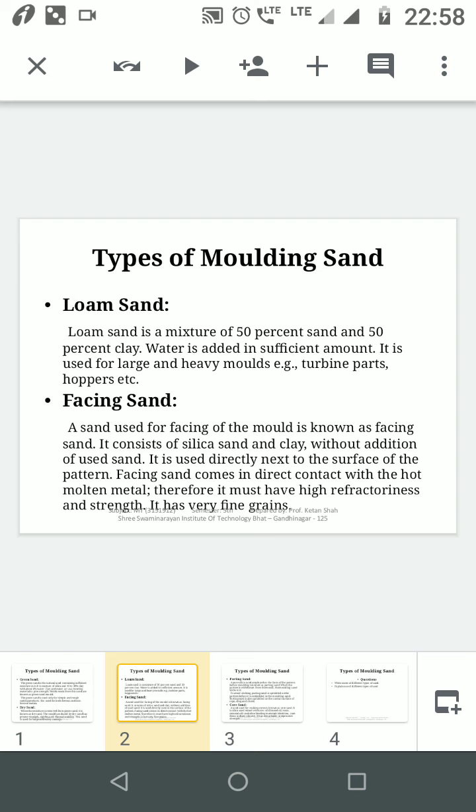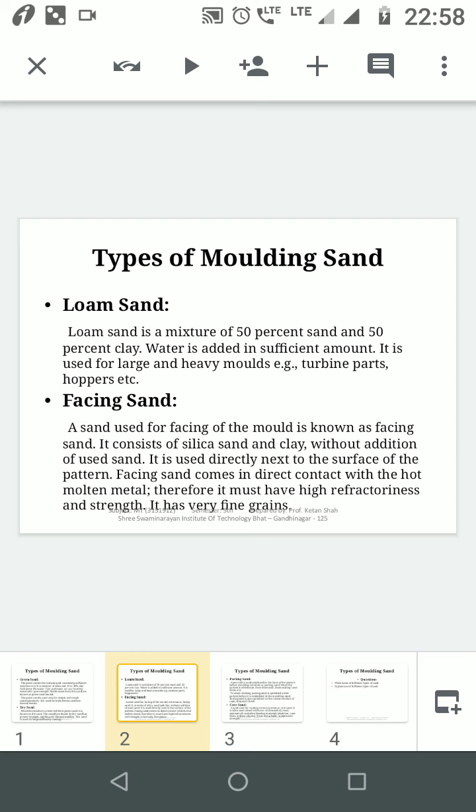Facing sand. A sand used for facing of the mold is known as the facing sand. It consists of silica sand and clay without addition of used sand. That means wherever we are using this facing sand, it is a first-time use, we cannot reuse sand.